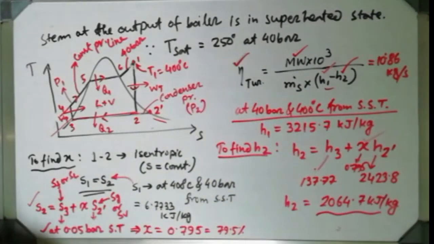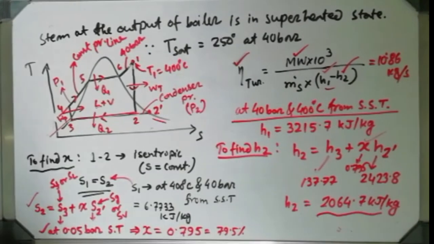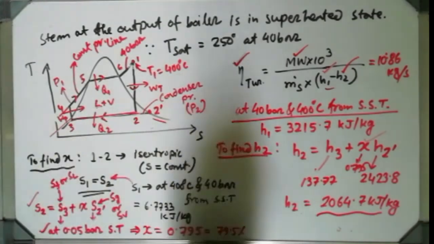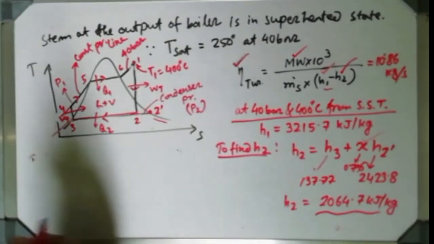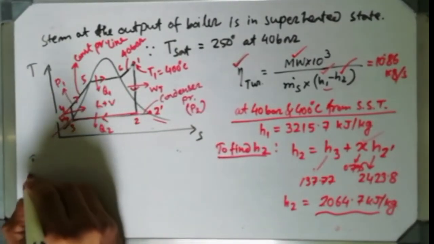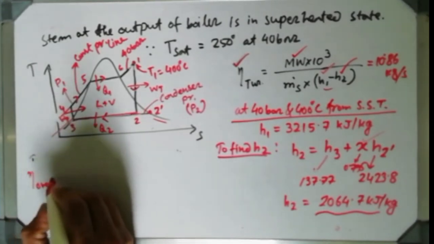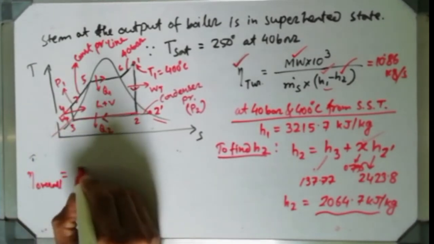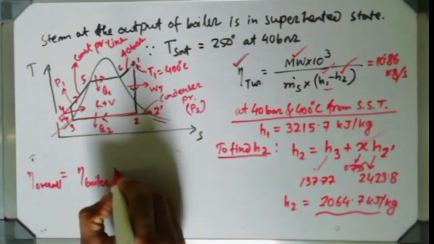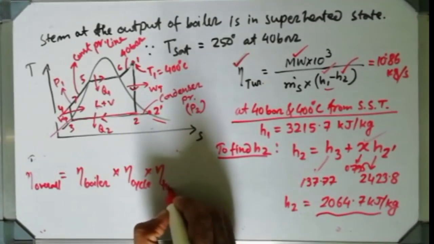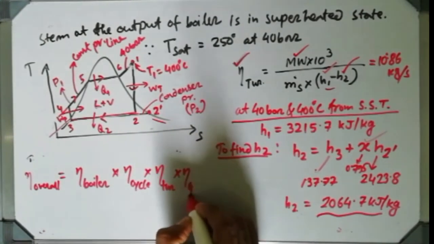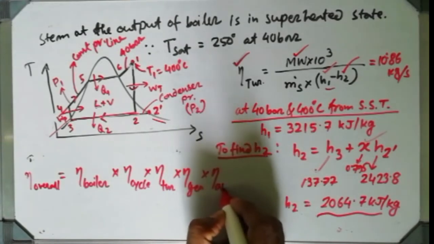After getting the value of mass flow rate of steam, and already we have got the dryness fraction, the second ask was the overall efficiency of the plant. Now to find the overall efficiency, I have written that expression: eta boiler, multiplied with eta cycle, multiplied with eta turbine, eta generator and eta auxiliary.